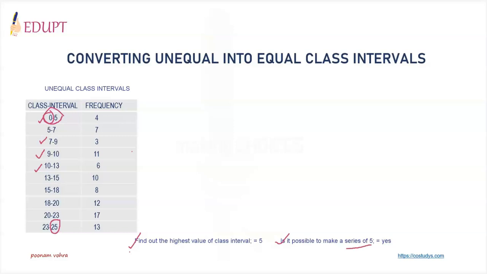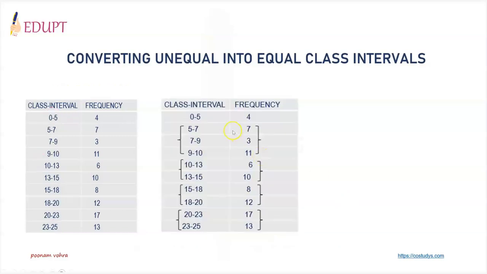Let's see how we do that. Now here one can have the first class interval as the difference of 5, which is 0 to 5, and it remains unchanged. Then one can have a merger of class intervals, like we can merge 5 to 7, 7 to 9 and 9 to 10 and club these frequencies.